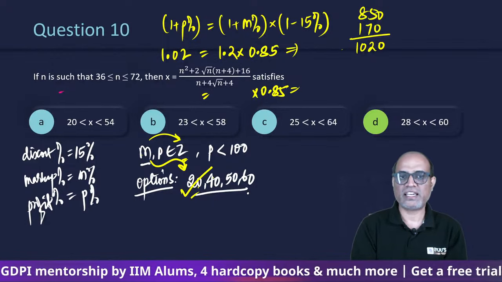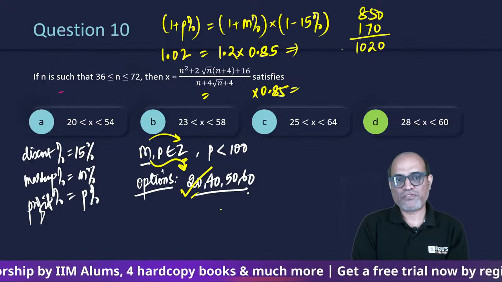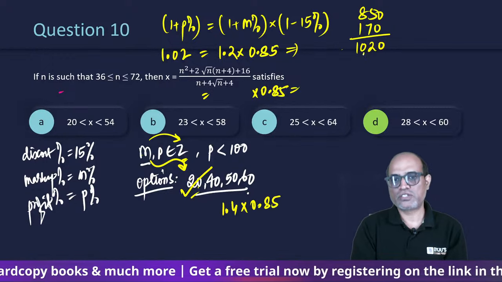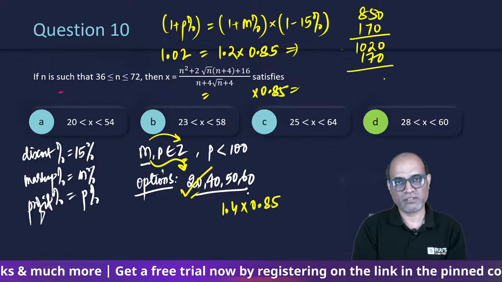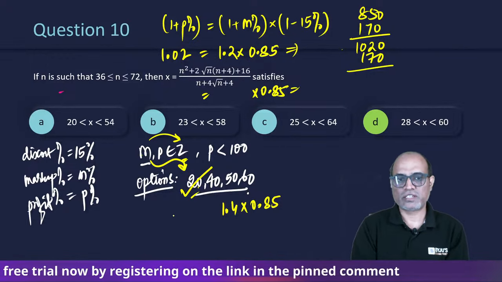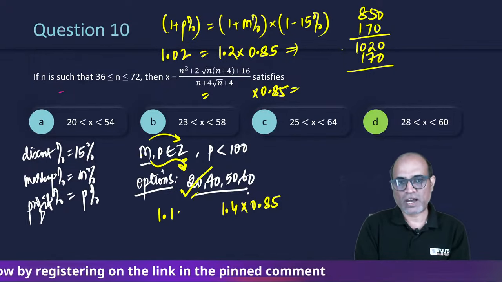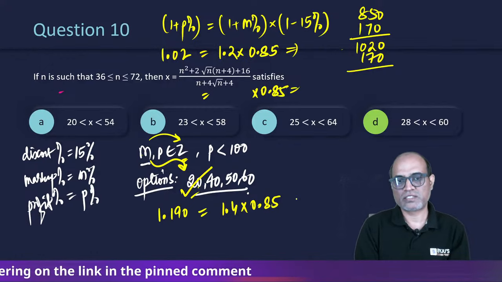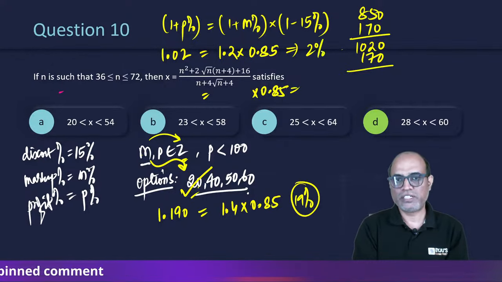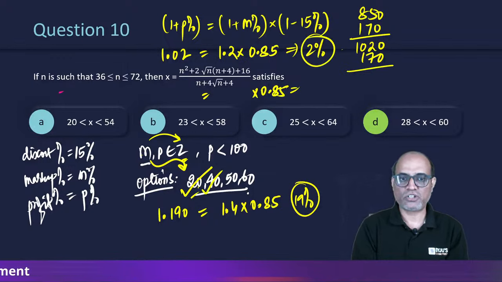So 20 is an acceptable value. If I take 1.4 into 0.85, this will add up another 170, right? So this will give us 1.190. So that means 19% profit. Here we had 2% profit. So 40 is also acceptable.